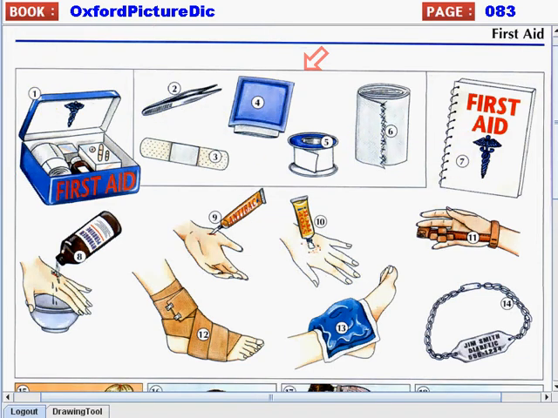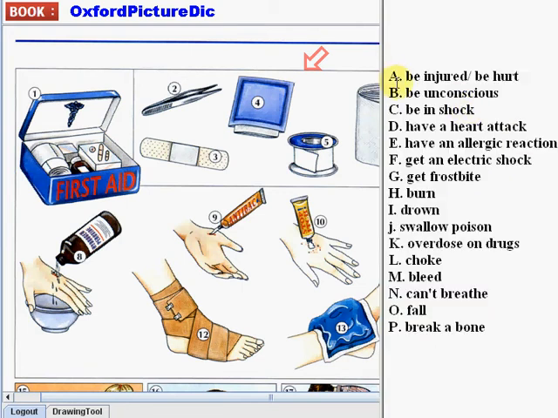Oh, students, before we discuss the things that your first aid kit should contain, let's have a short review of the last terms we had. Please review with me. Let's read together.